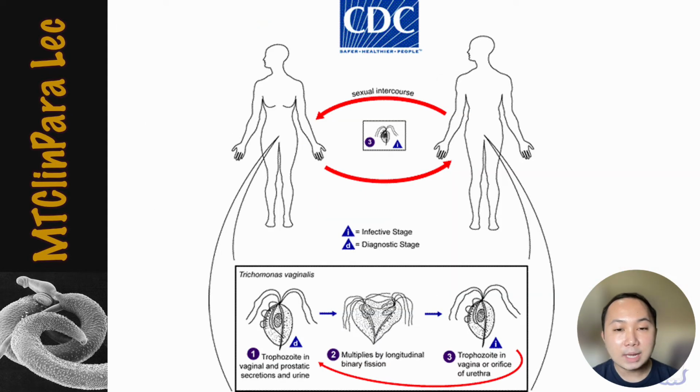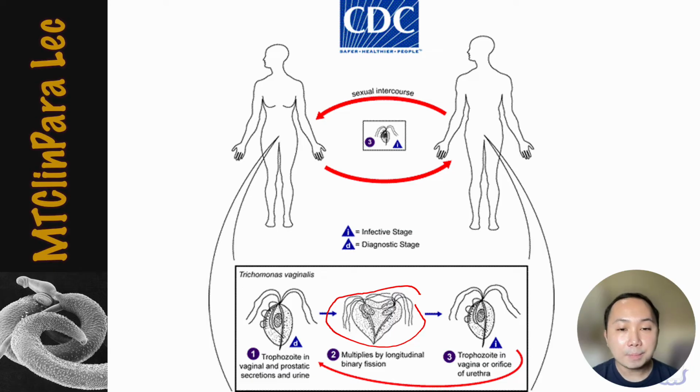So here is a simple life cycle for our Trichomonas vaginalis. Again, the infective and diagnostic form would only be the trophozoite form of the parasite. So this trophozoite inside our urogenital tract undergoes multiplication by longitudinal binary fission to increase their species.